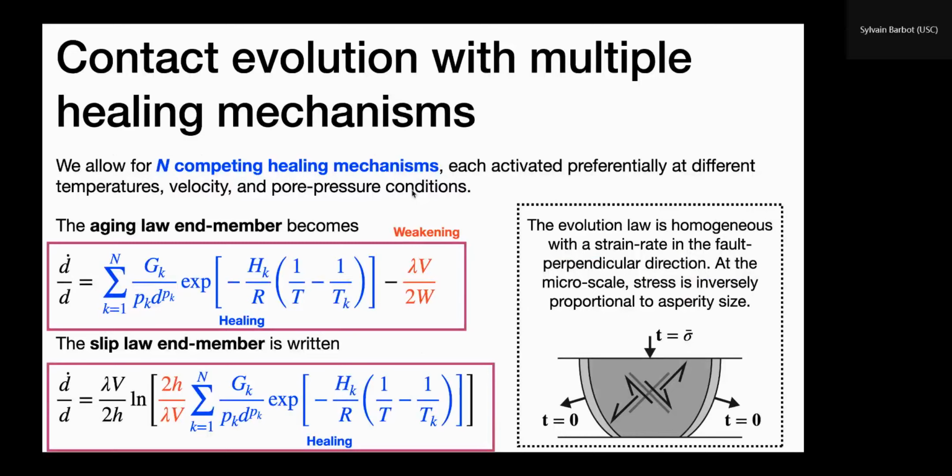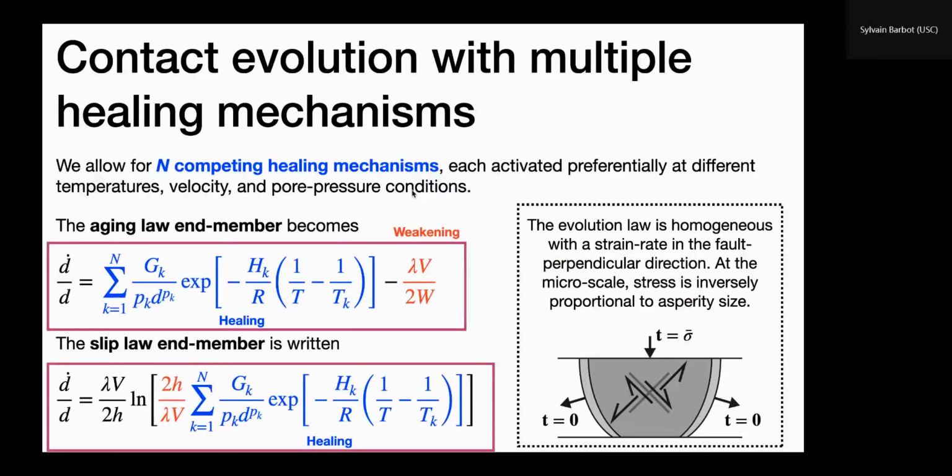And if it decreases, that means it's kind of roughening. And so we can express this in two different ways, two different end members. The first one is the aging law end member, because I will show later that this formulation simplifies to the empirical aging law if you make some simplifying assumptions, or to the slip law end member, because it simplifies to the slip law under some simplifying assumptions.